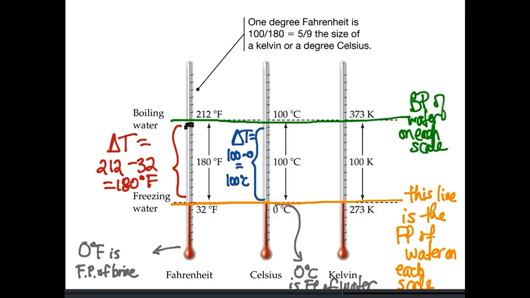So one thing that's kind of important to note is that I'm drawing a whole bunch of little graduations here on the Fahrenheit scale because there are 180 degrees in the Fahrenheit scale for every 100 degrees in the Celsius scale. So that means that the Fahrenheit graduations are smaller, right? They're tinier, they're a smaller difference because you can fit 180 of them in the same space that the 100 fit for the centigrade or Celsius scale.